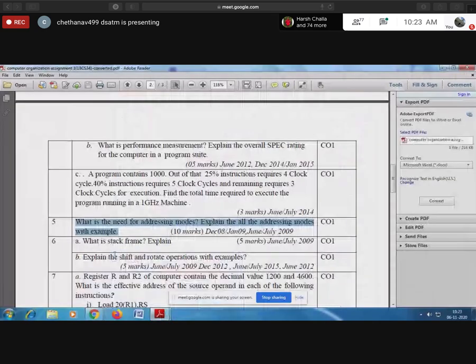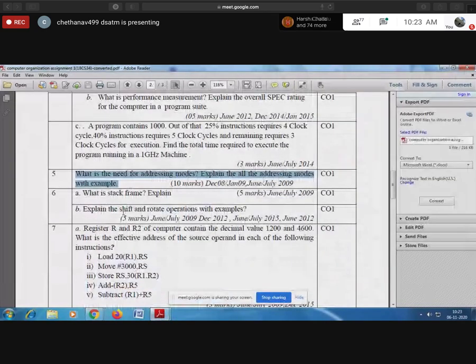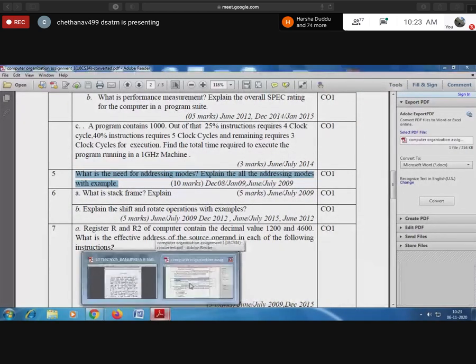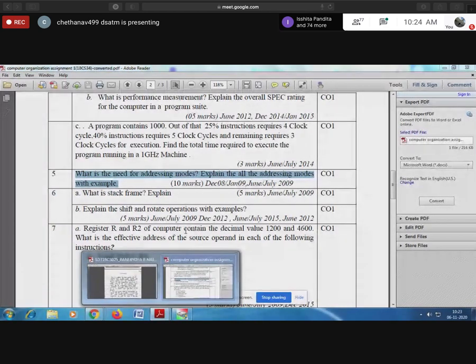Okay, shift and rotate. It's quite simple. Two methods are there. In shift, you have logical shift towards right and left, and arithmetic shift towards right and left. So four will come. When you take rotate, it means rotate left with count and without count, I think.